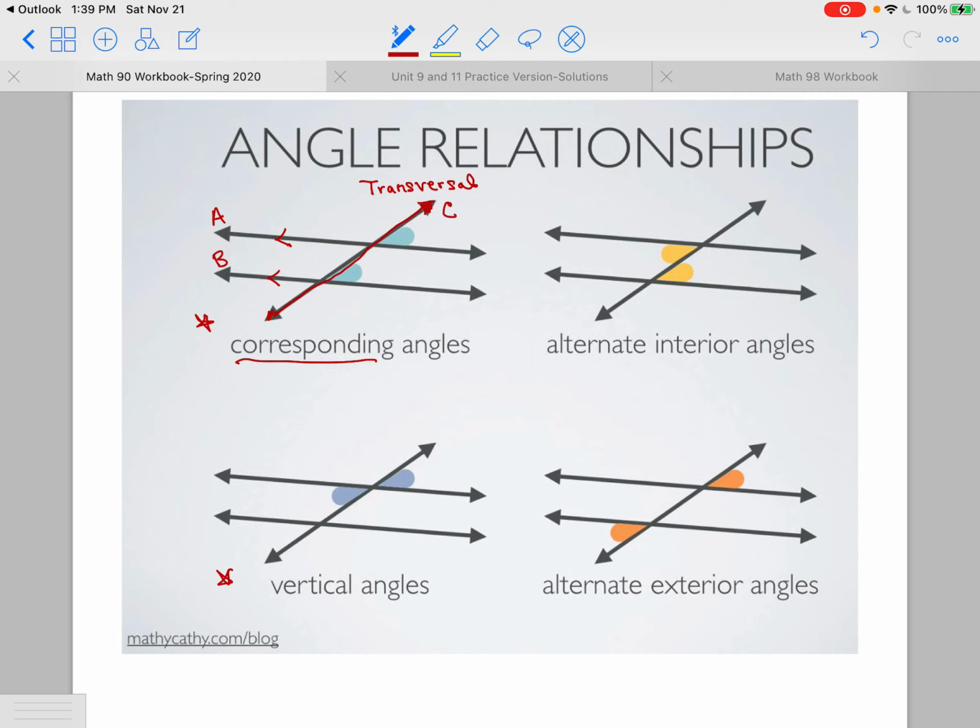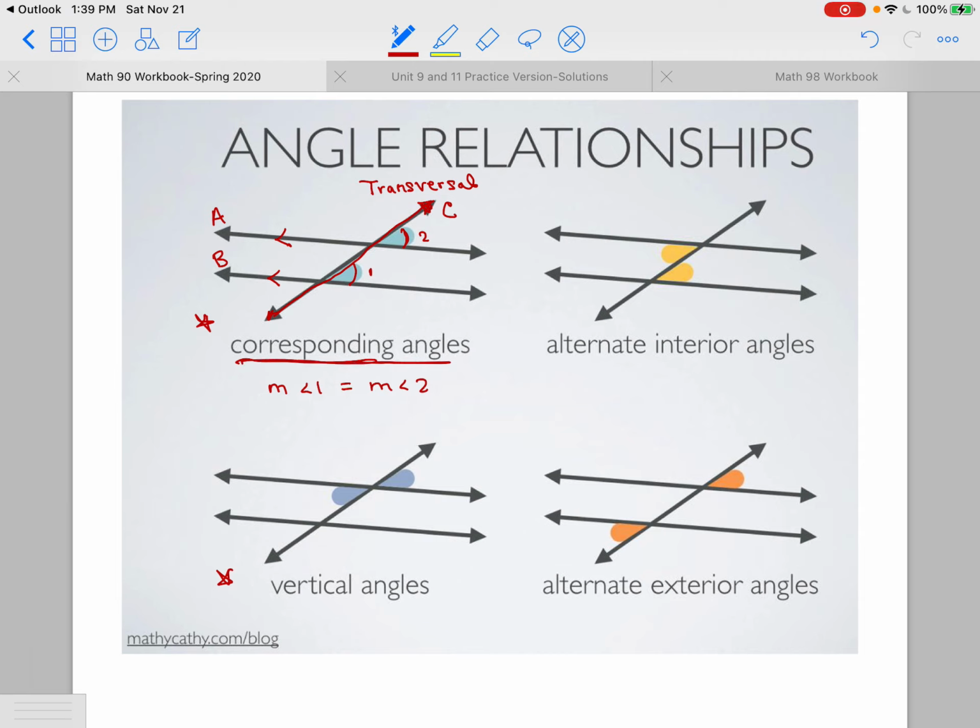Since A and B are parallel, that means that this angle here, that's sitting in exactly the same spot according to the transversal, those are equal to each other. So if we were to call these angle 1 and angle 2, we'd say the measure of angle 1 is equal to the measure of angle 2 because of the idea of corresponding angles.